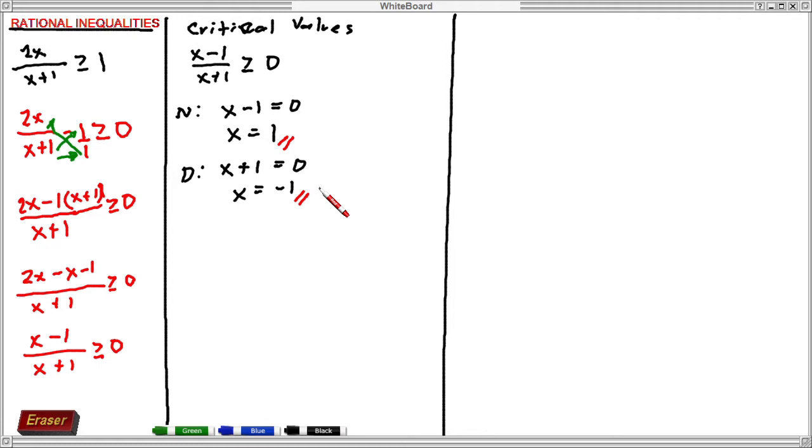Okay, let us graph the critical values sa number line natin. Okay? Okay. So to graph, kailangan natin mag-draw ng number line. Okay? Okay?